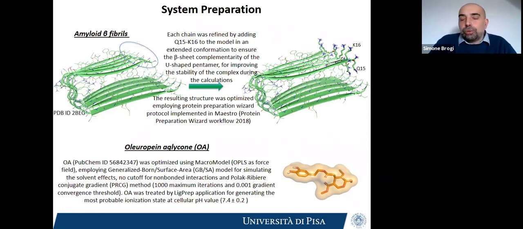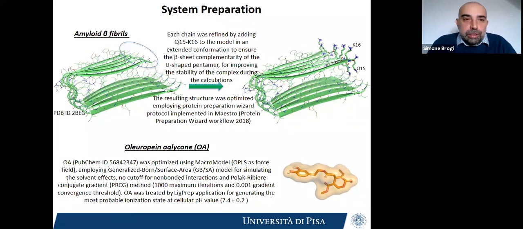First of all, we downloaded the structure of amyloid beta fibrils from the Protein Data Bank, and to the structure we added two residues, glutamine 15 and lysine 16, in order to obtain a beta-sheet complementarity of the U-shape pentamer.